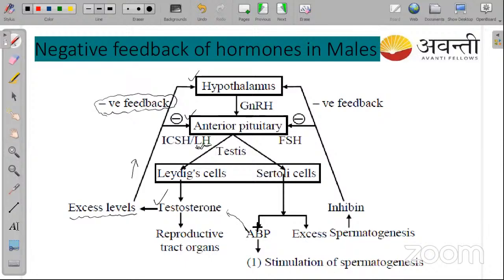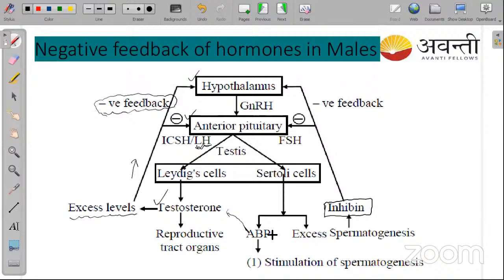Okay, and here you can see one more hormone is also secreted, that is the inhibin molecule. That inhibin molecule sends a signal toward the hypothalamus and anterior pituitary. So this is a difference between testosterone and ABP.